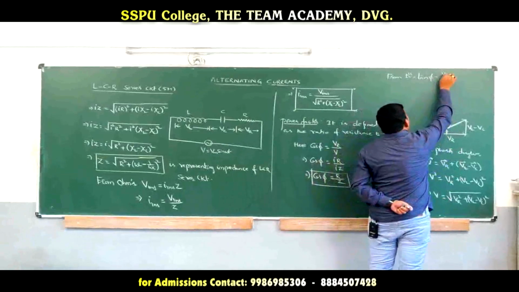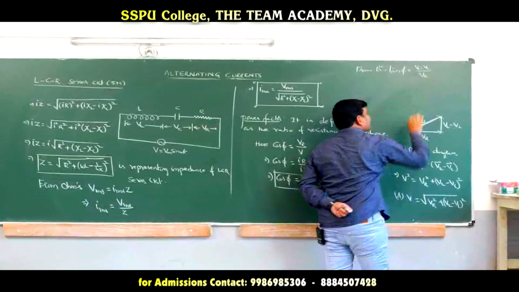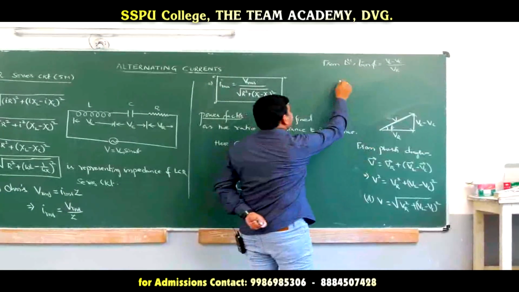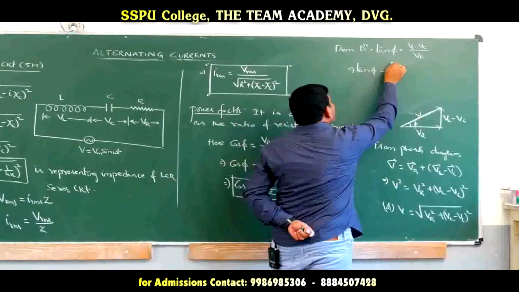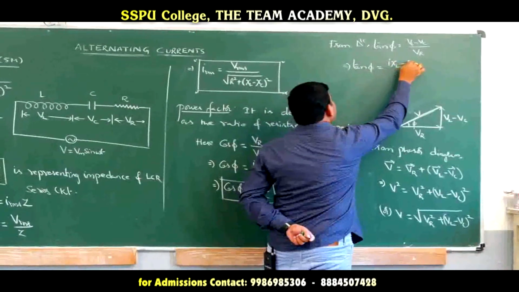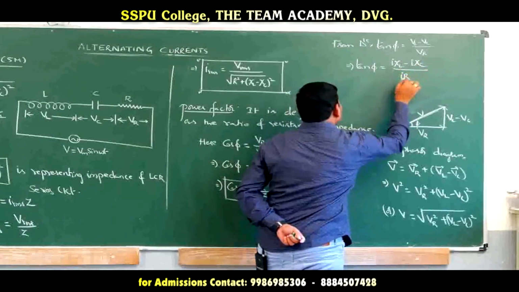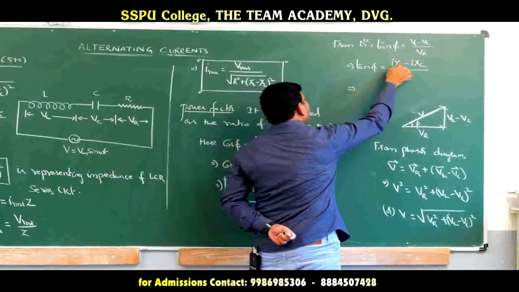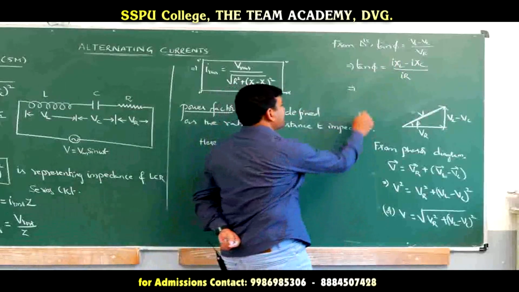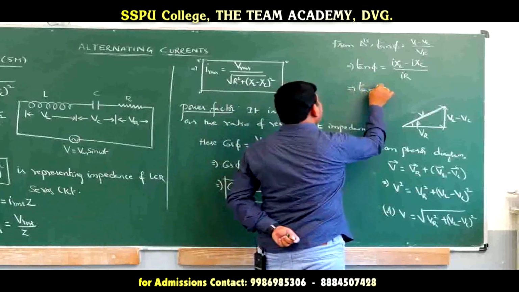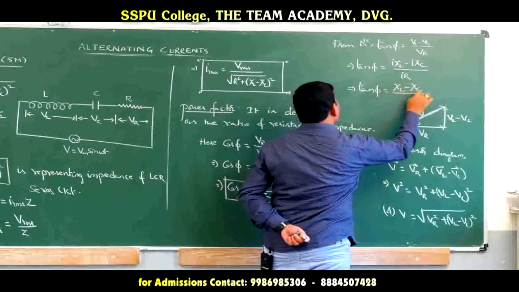Therefore, VL minus VC divided by VR. So this implies tan phi is equal to, VL is nothing but I into chi L, VC is nothing but I into chi C, and VR is nothing but I into R. So here I can take I common and cancel the I terms. Then what remains? Tan phi is equal to chi L minus chi C divided by R.